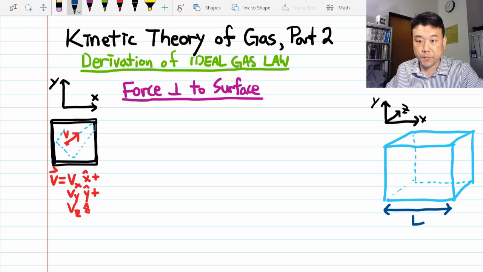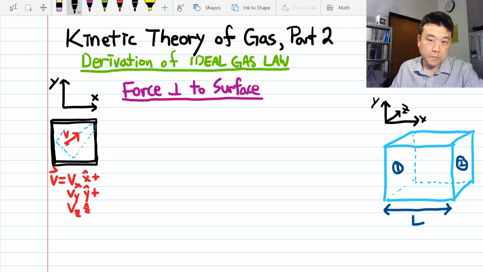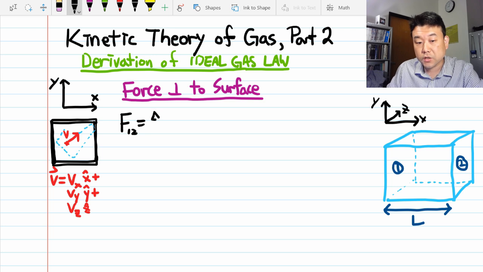I will treat the pair of surfaces 1 and 2 together, and the forces perpendicular to these two surfaces outward. To describe the force, I use the basic definition of force. I hope you remember from Physics 4A that force is not defined as mass times acceleration, but force is actually defined as rate of change of momentum.